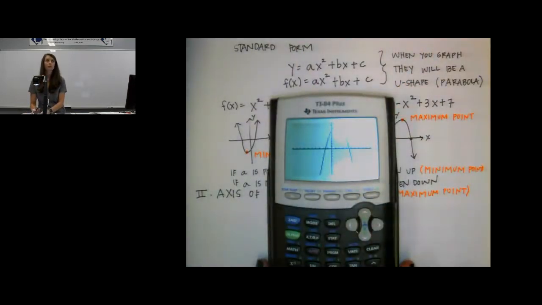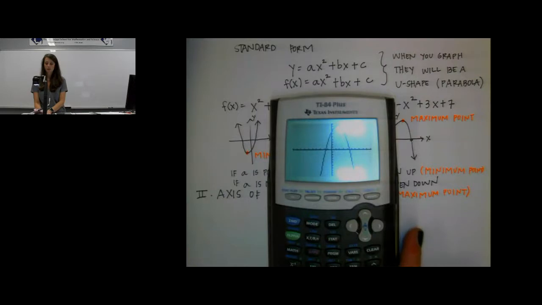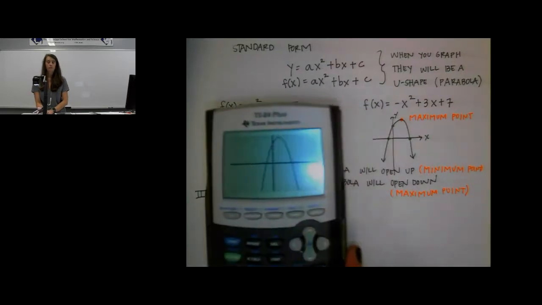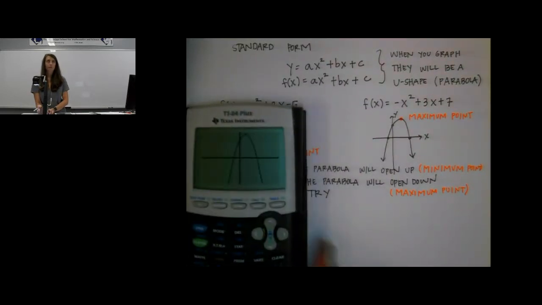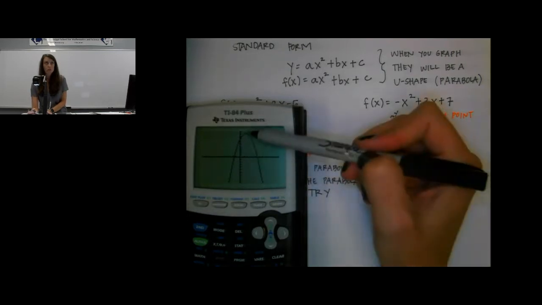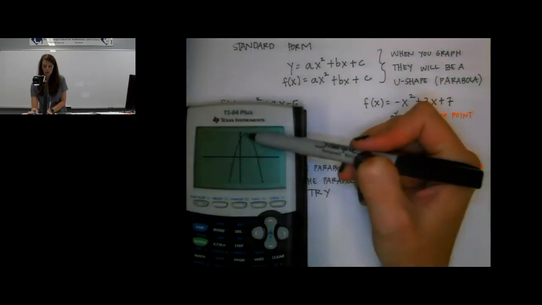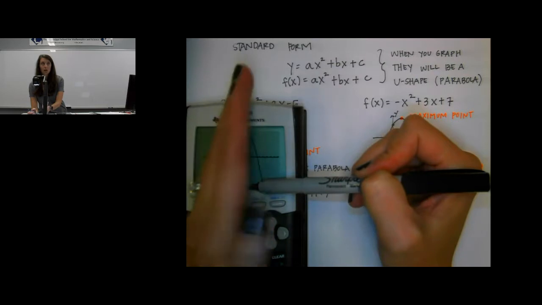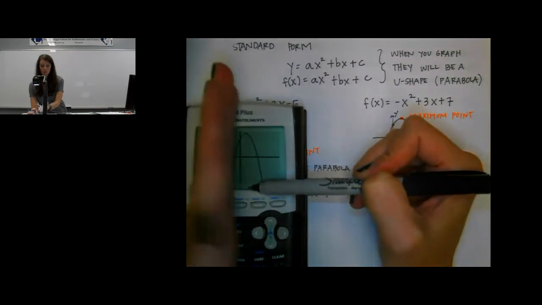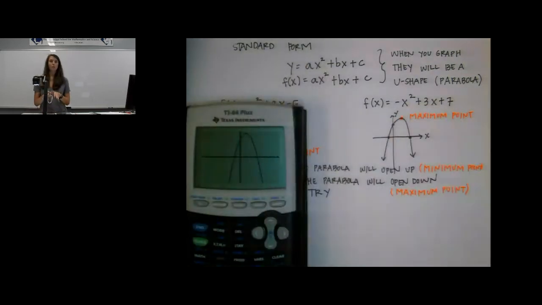Sorry, there's a glare. Okay, if I was to draw a straight line down the middle here, does the left side of that line and the right side of that line look the same? It's basically going the same direction, the same y values, and everything.